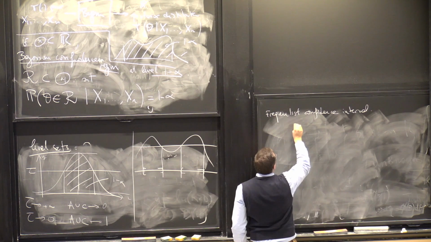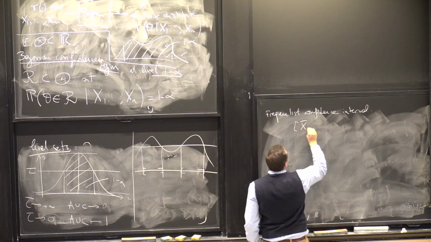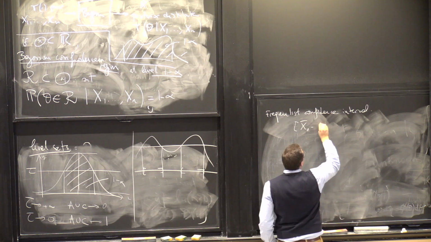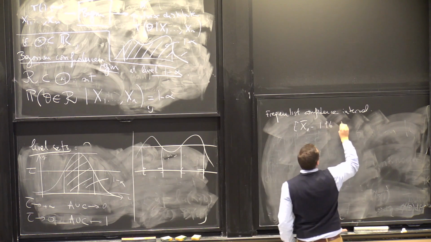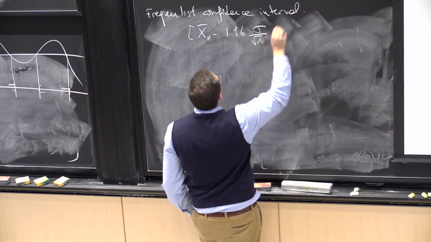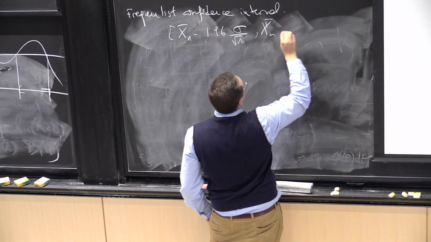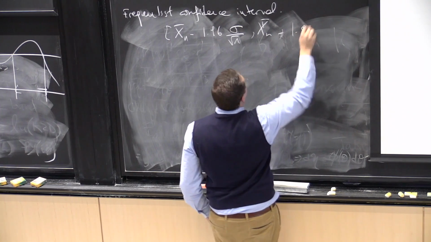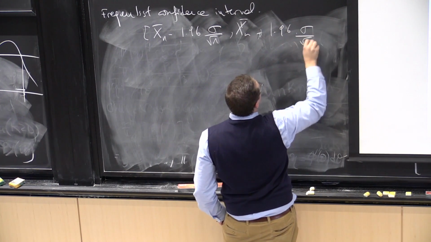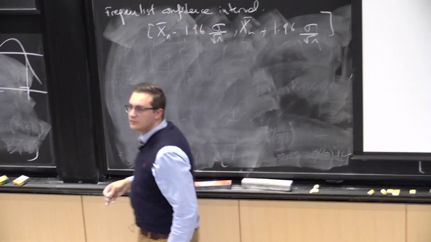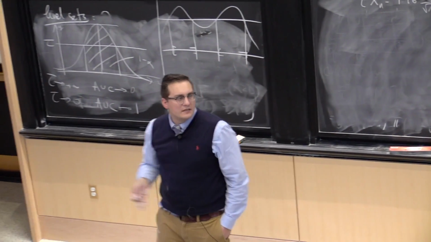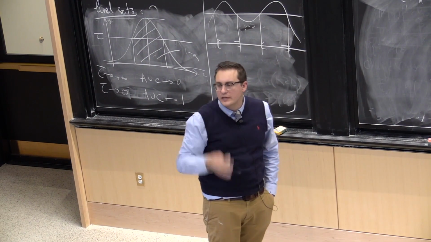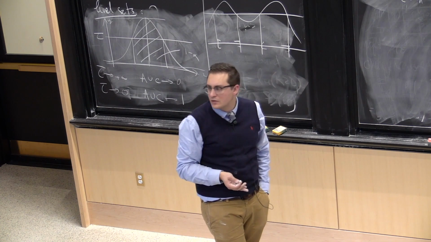Let's say something like x bar n minus 1.96 sigma over root n, and x bar n plus 1.96 sigma over root n. That's the confidence interval that you get for the mean of some Gaussian with known variance equal to sigma squared, okay?